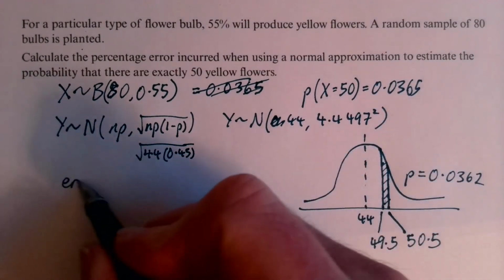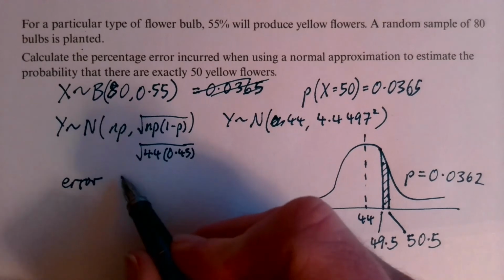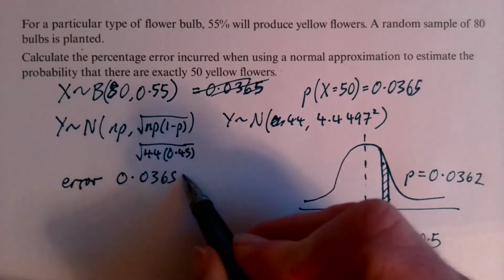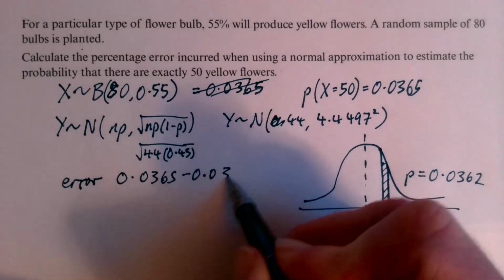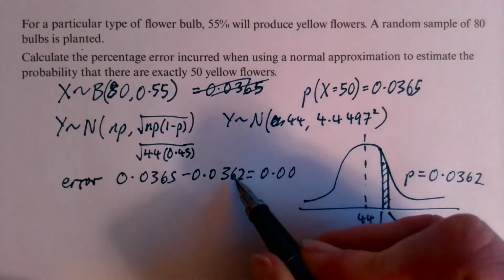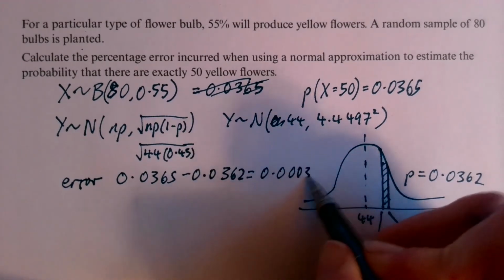So the error is going to be 0.0365, take the difference between them basically, which is 0.0003.